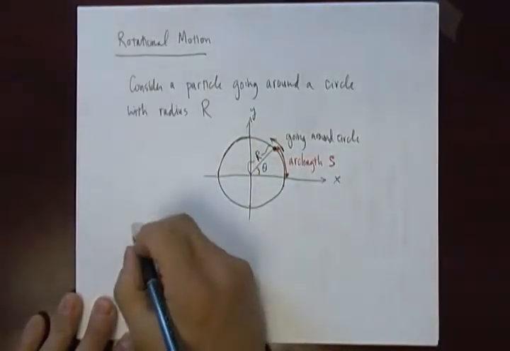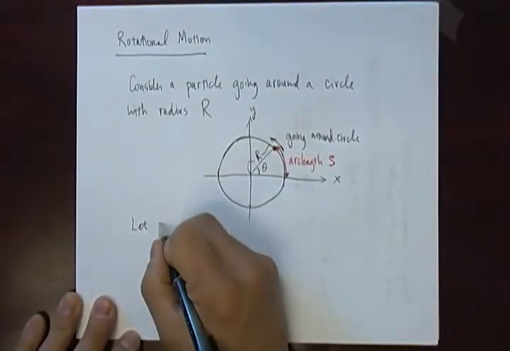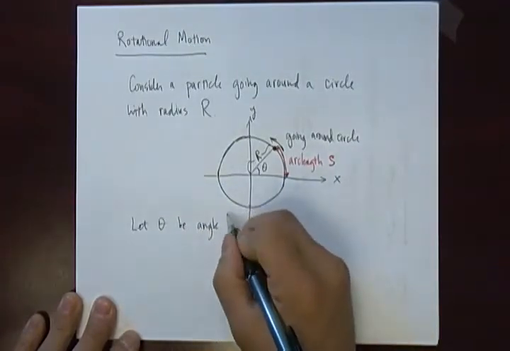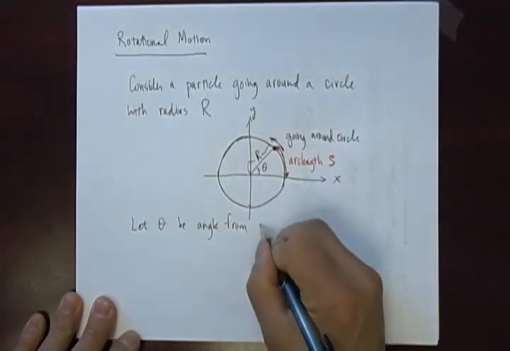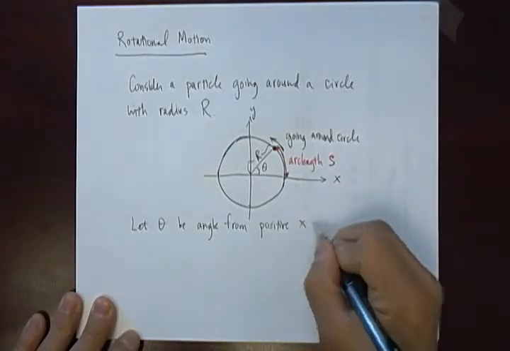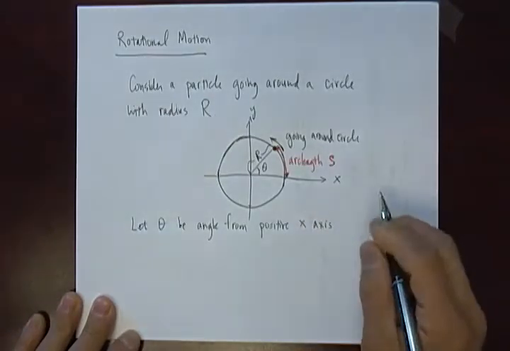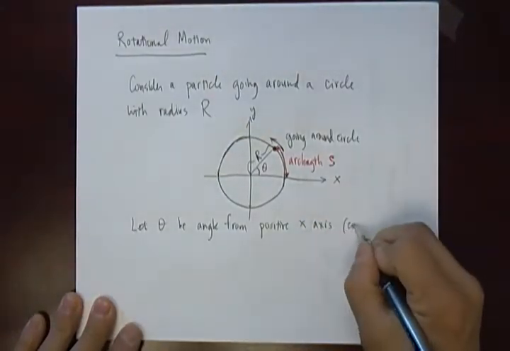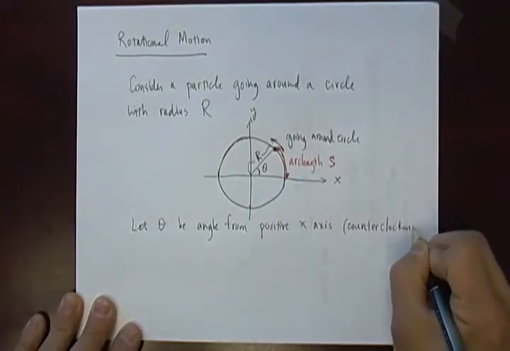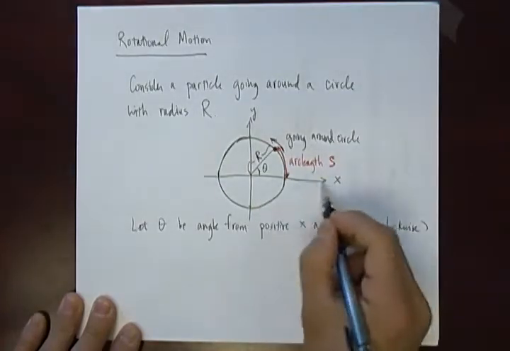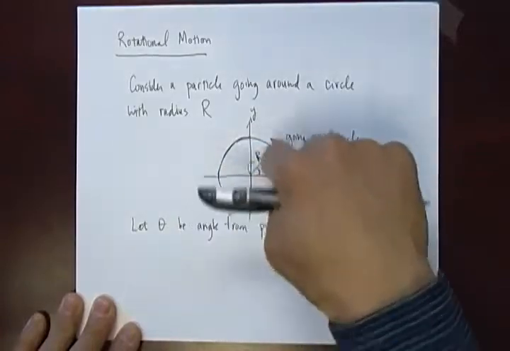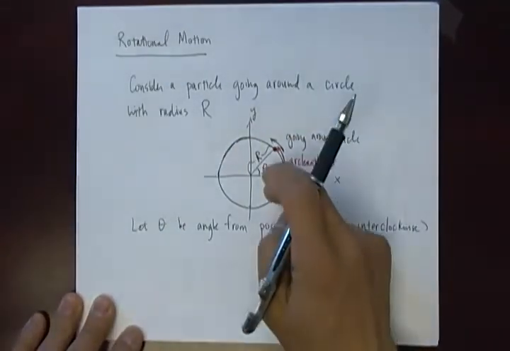Let theta be the angle from the positive x-axis, measured counterclockwise in the usual convention. So we start here on the positive x-axis and we measure counterclockwise. This is clockwise and this is counterclockwise. So we're measuring the angle like this.